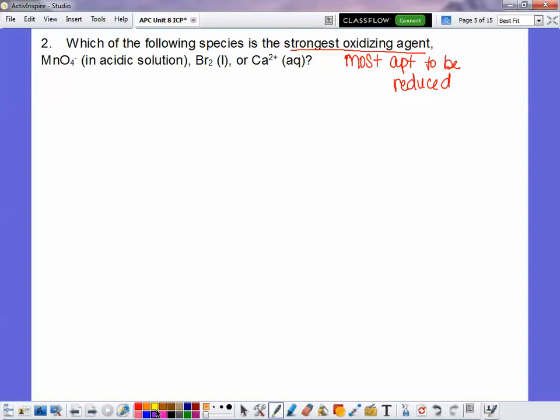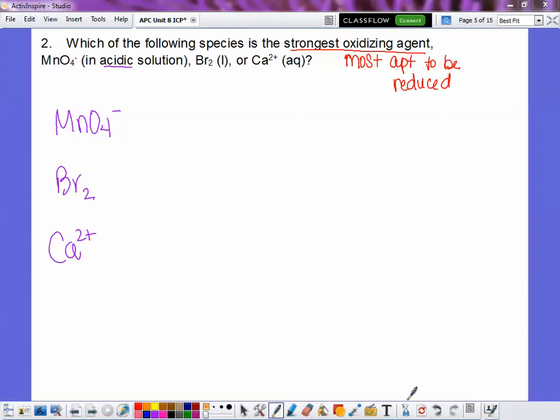So we're comparing MnO4 minus, and this has to be in acidic, Br2, and Ca2 plus. Take a moment to find in the chart in your textbook the reduction potentials for each of those.